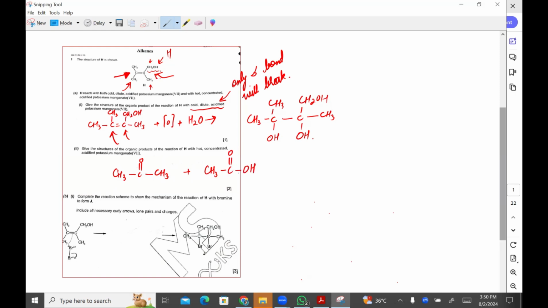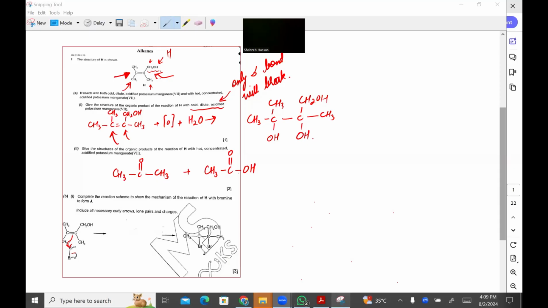Okay, let's move towards the next part and see what is going to happen. Complete the reaction scheme to show the mechanism of the reaction of H with bromine to form J. So what is going to happen when this double bonded compound comes near to this bromine? We have discussed that the bromine starts to become polar. Due to the electron density, a partial positive charge is created at this place and a partial negative charge is created at this place.